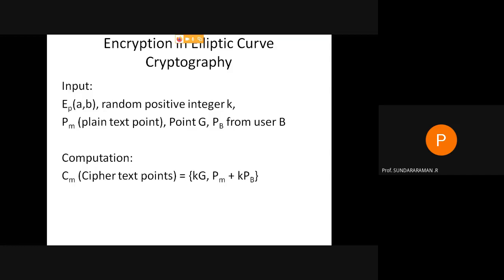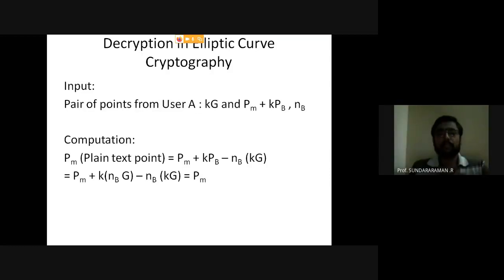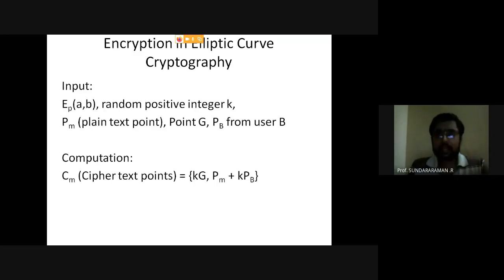And now let us go to the decryption process. Decryption begins with the ciphertext received by user B. Now user B will have access to the Cm. The Cm is made of a couple of points: one is kG, another one is Pm plus k into Pb.